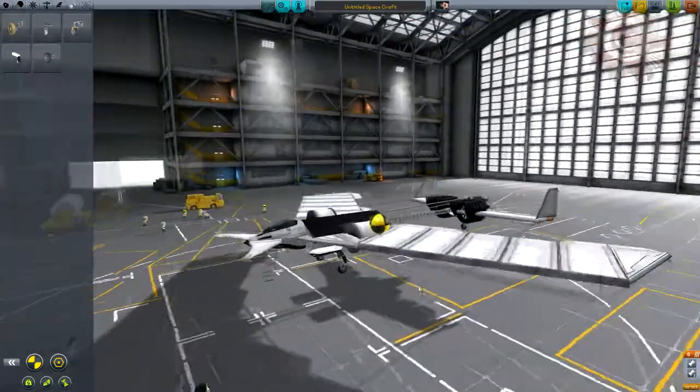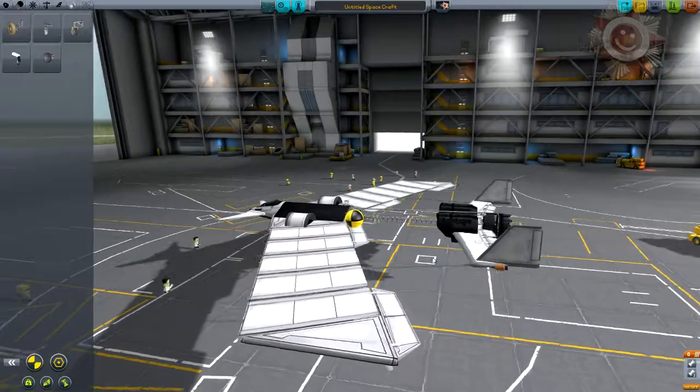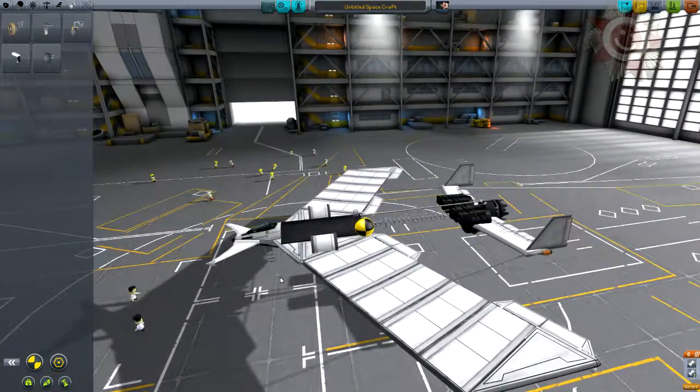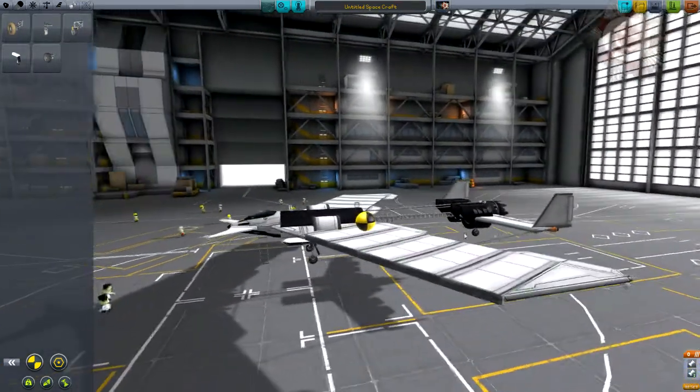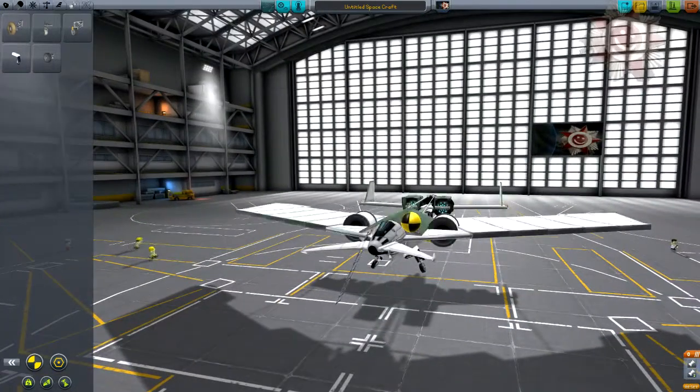The same thing applies the other way around. Let's imagine that this is the front of the plane, and here's the tail. The front of the plane has only one wheel and the tail has two, like a fighter jet or something like that.